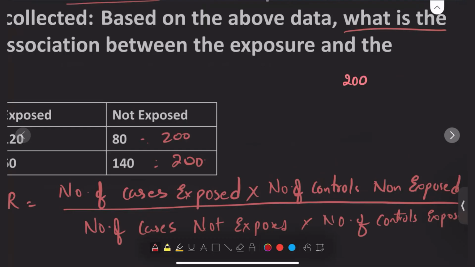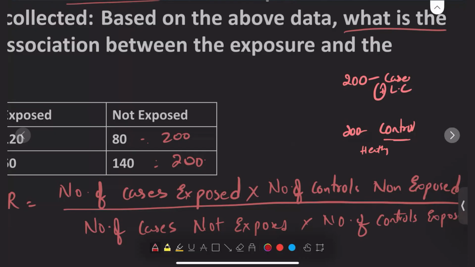One group is 200 people, and this is the case group, and the control group is also 200 people. So what is a case group and what is a control group? Case group means people who already have the disease, let's say lung cancer. These 200 people already have lung cancer, and the control group are healthy people. They don't have lung cancer.